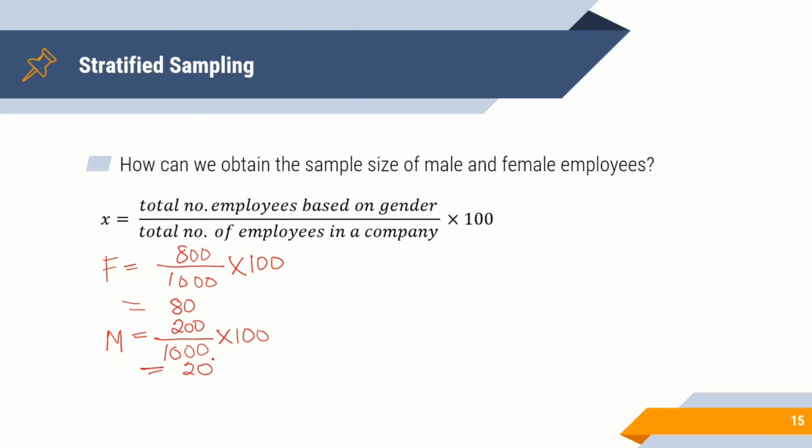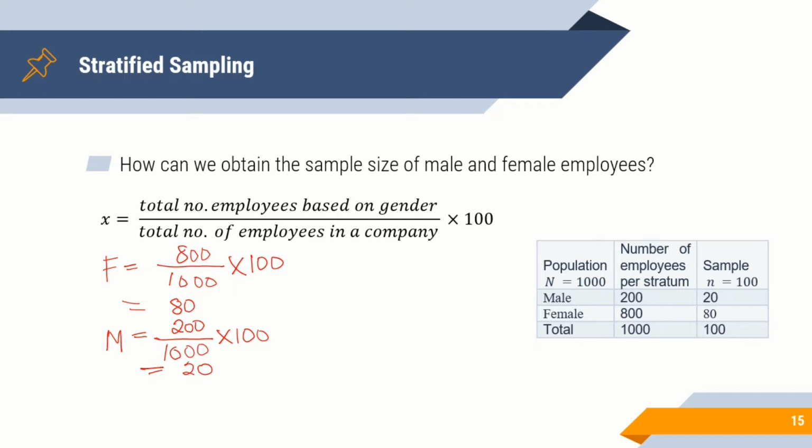Meaning, we get a sample of 20 members from the male population and 80 from the female population. So 20 plus 80, we get the 100 members of the sample.